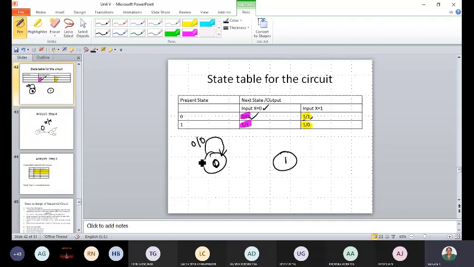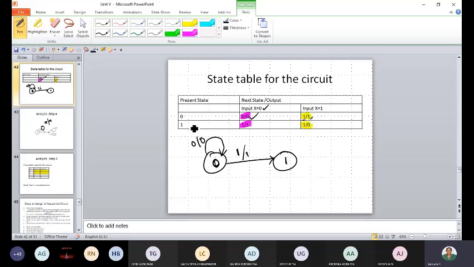You will be going to the next state 1. So here I'll write it as when your present state is 0, when my input is 1, this is my input, and my output is also 1. What is my next state? Next state is also 1. Okay, this row is completed.